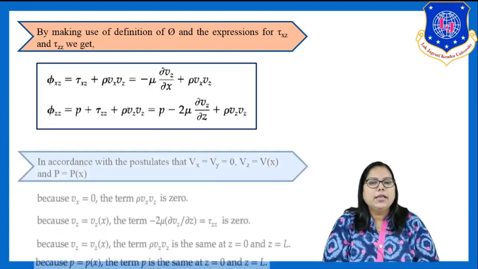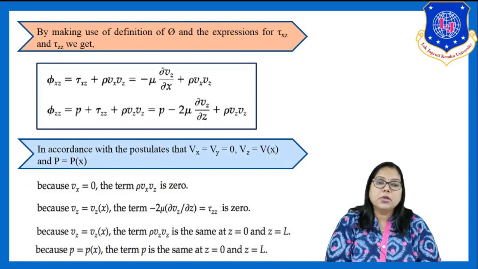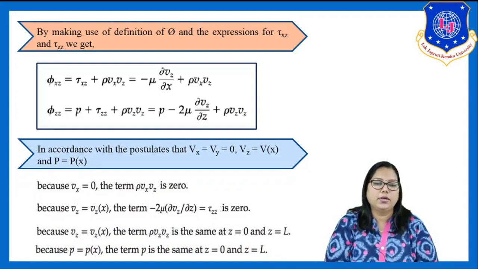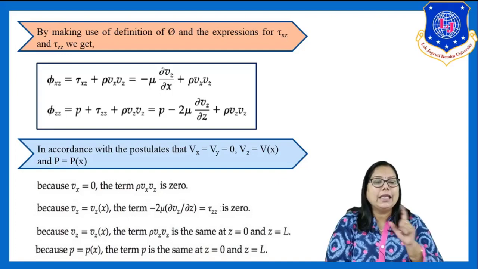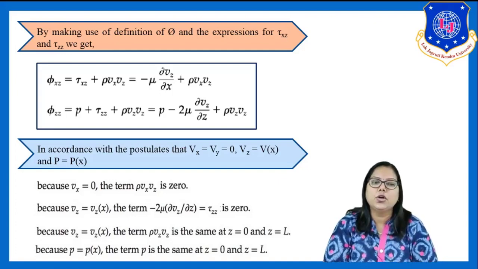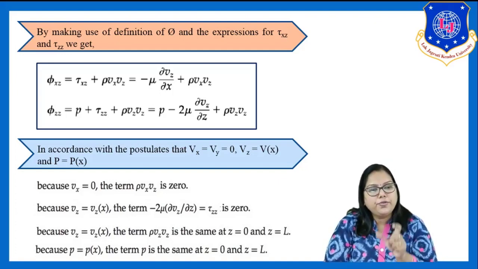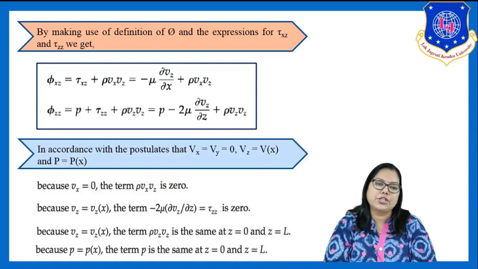Fine. Now we are applying some assumptions here. This is very important. In accordance with the postulates, we assume that the velocity in the x and y directions will be 0, because the flow of fluid, or the momentum, is in the z direction.